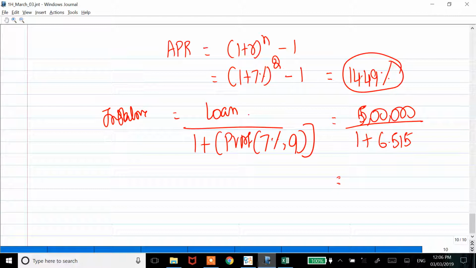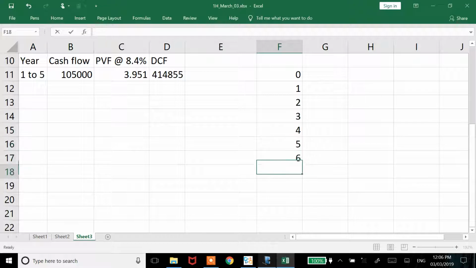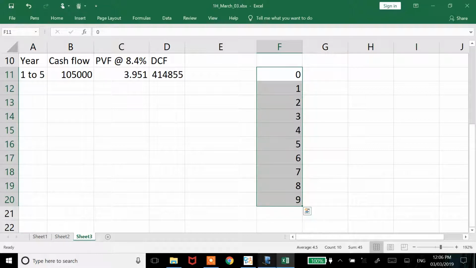So 1 is for the first 6 months. If you do it in Excel, what I would have done is 0, 1, 2, 3, 4, 5, 6, 7, 8 and 9, because this only will add up to 10 installments.